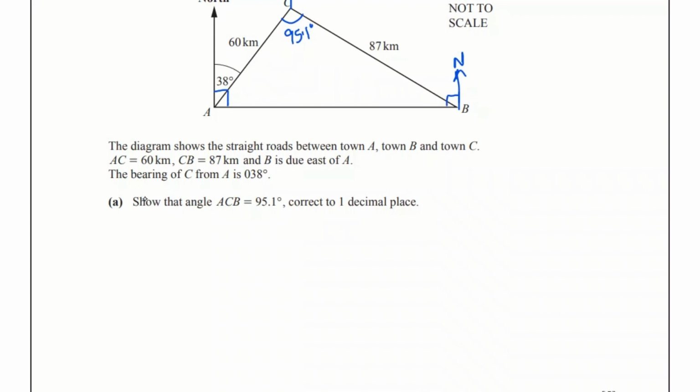So the first step we will do is 90 minus 38, which will give us 52. So we get angle CAB, and this angle is 52 degrees.